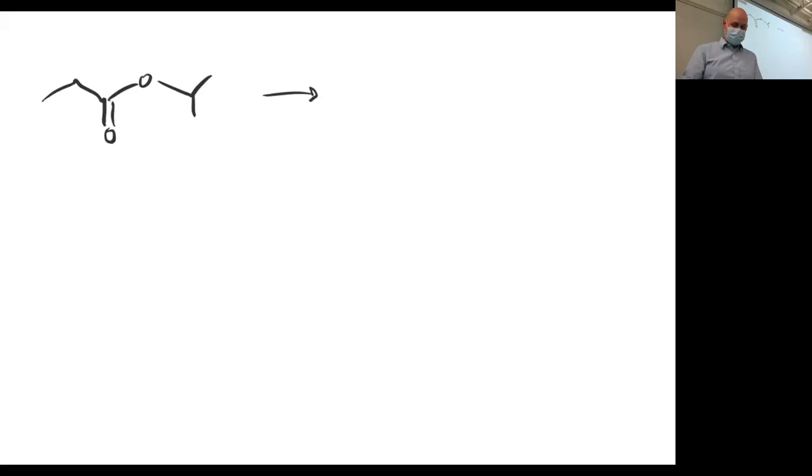All right, Caleb, it's an ester. If I were to attack this thing with lithium aluminum hydride, what would happen? It would act, the right half would leave. So lithium aluminum hydride, what is this? H minus.